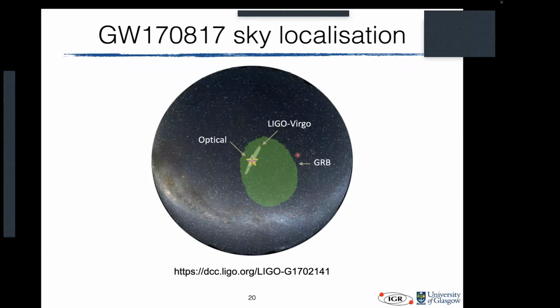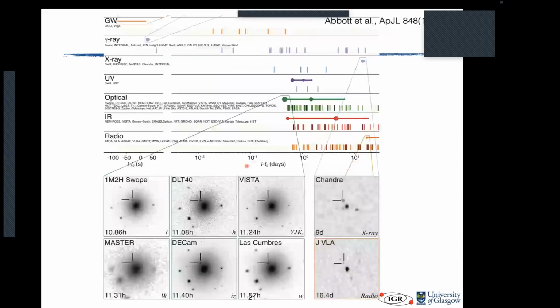And then between those two, the telescopes started to scan this region and very quickly found an optical counterpart in that small location there, okay? So they found an optical signal in this galaxy called NGC 4993, and they saw it like this. So here are the optical counterparts which were observed. This transient here.